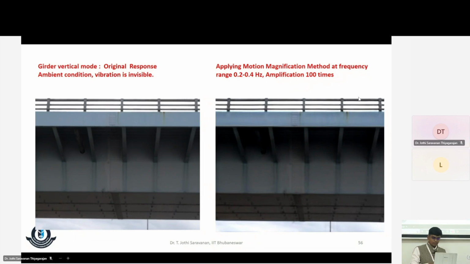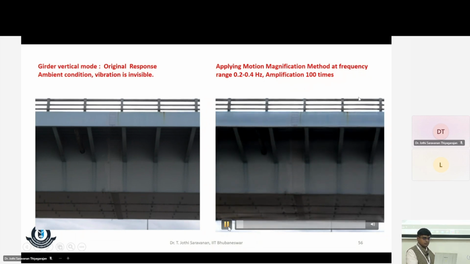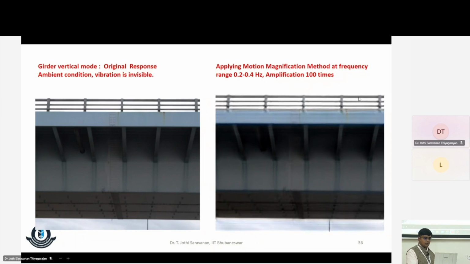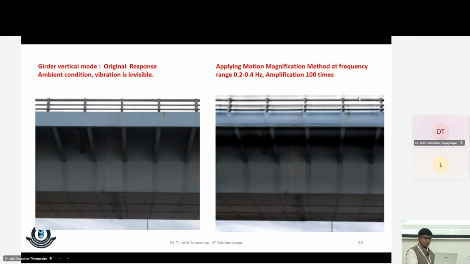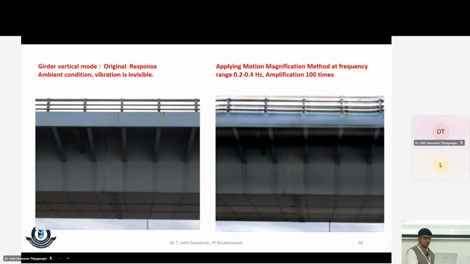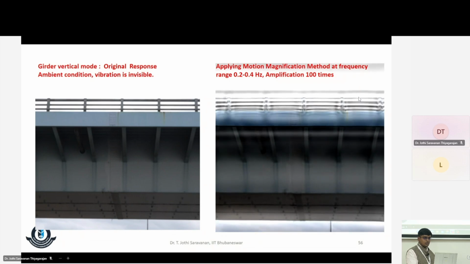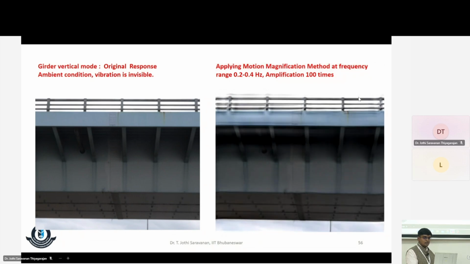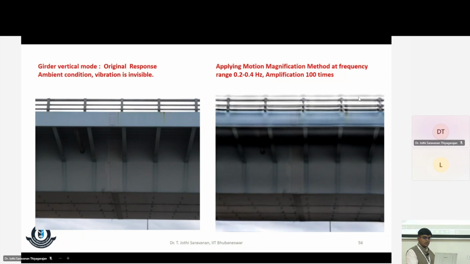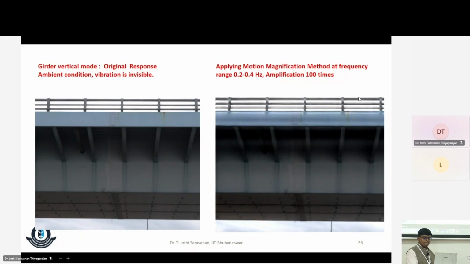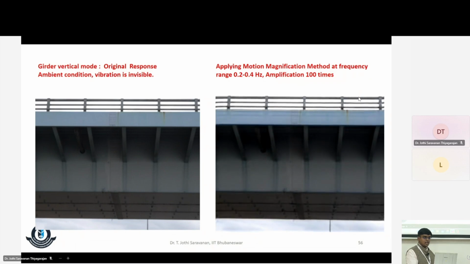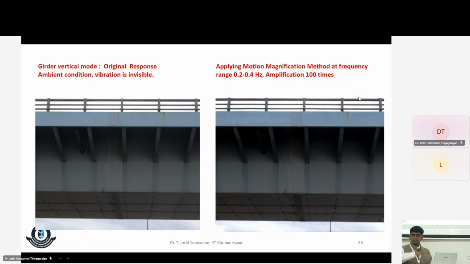But let me play this. You can observe the vertical motion. There is a lot of disturbance when that car passage happens. This is exciting the vertical mode of that girder.